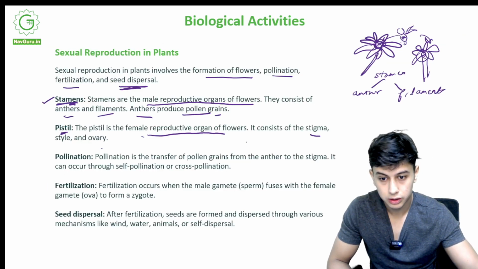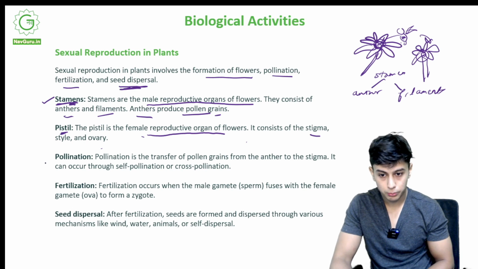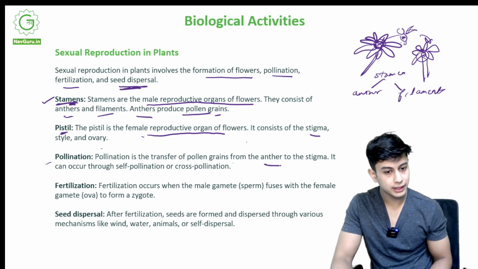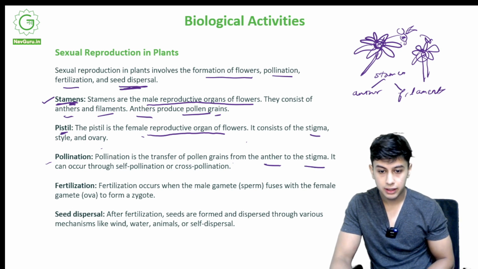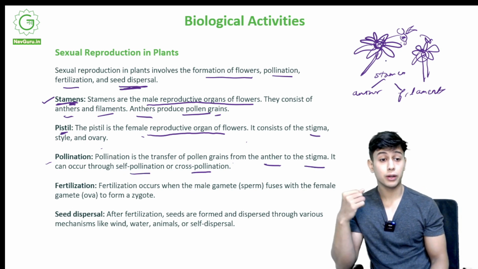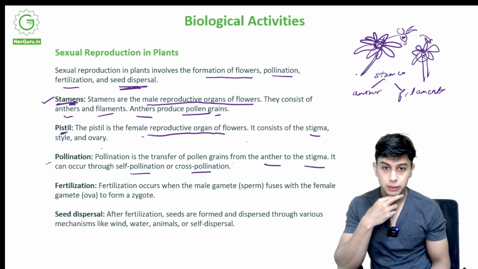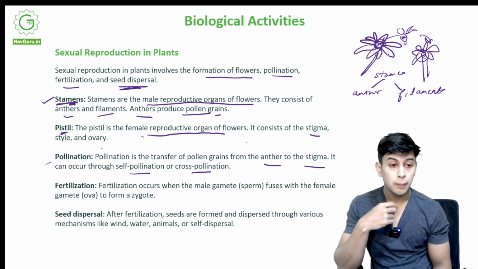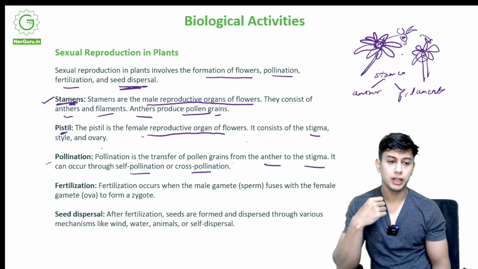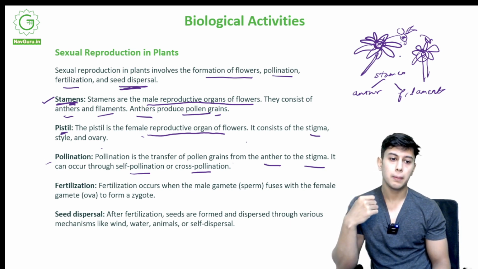So let me come back to pollination. Pollination is the transfer of pollen grains from anther to the stigma. It can occur through self-pollination or cross-pollination. So this might be occurring on the same flower because male and female reproductive parts are on the same flower, or it could be between different plants, all right, of the same species, but located somewhere else.